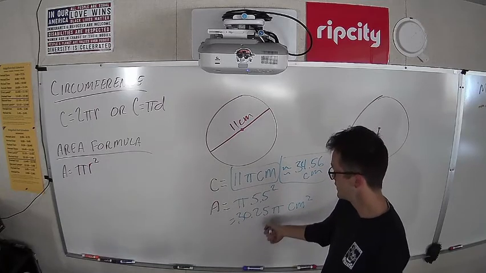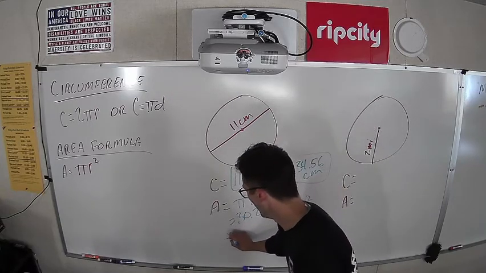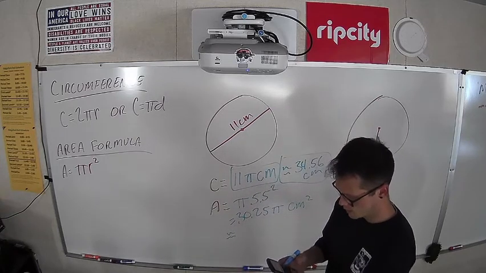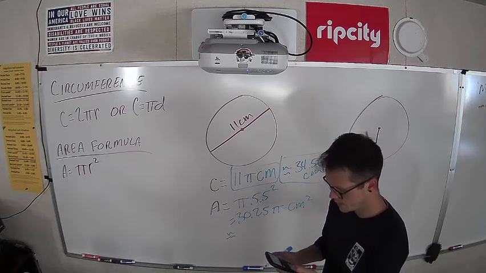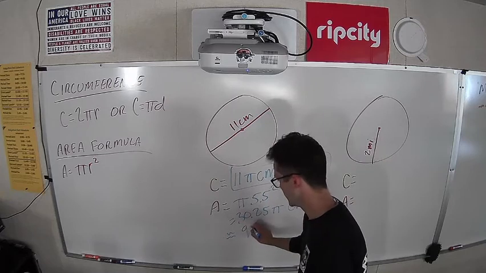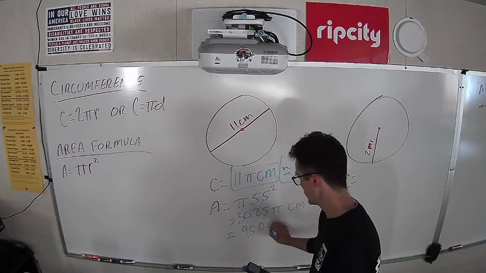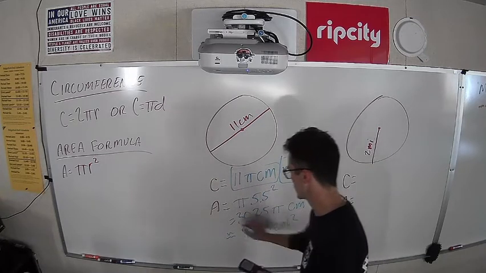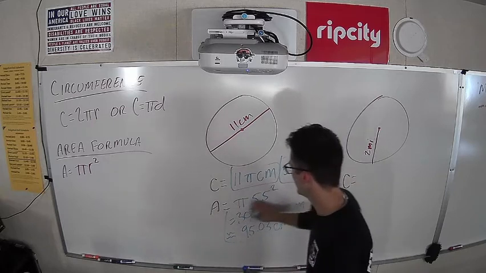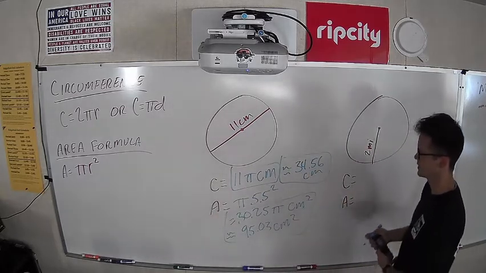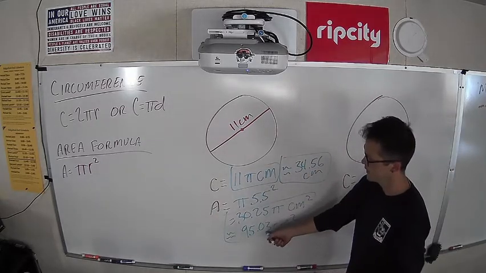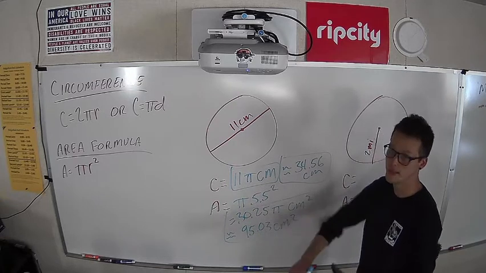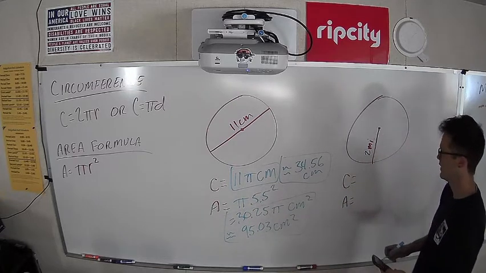This is a precise response. Or it's approximately 95.03 centimeters squared. Again, two equally valid responses. This one's more precise with the pi. This one we had to do some rounding, but it's easier to wrap our minds around.